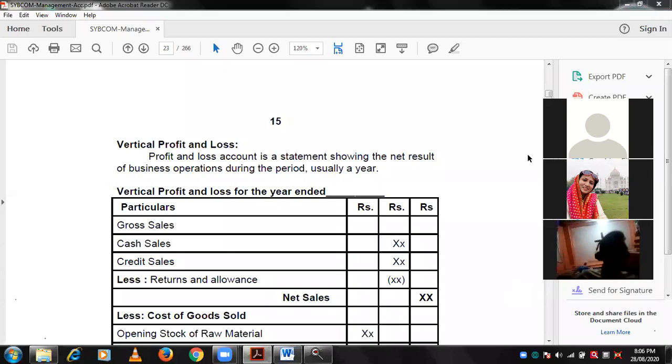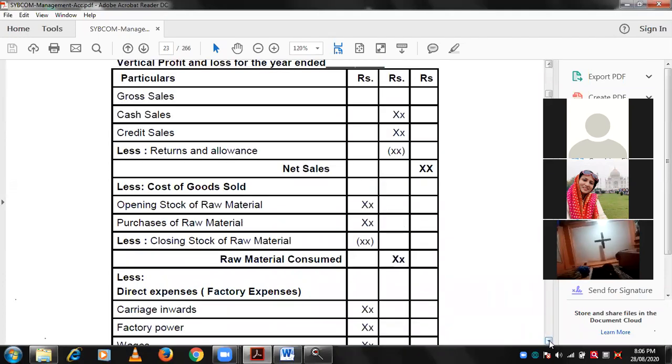Because all the time we have to use this format while solving the problem. That's why you have to learn this format.